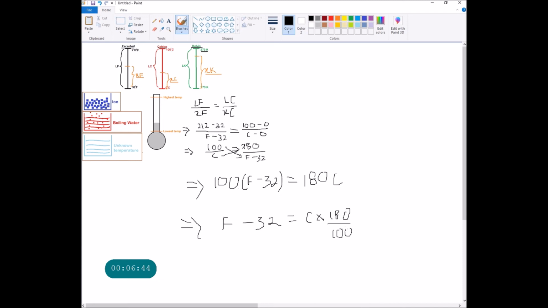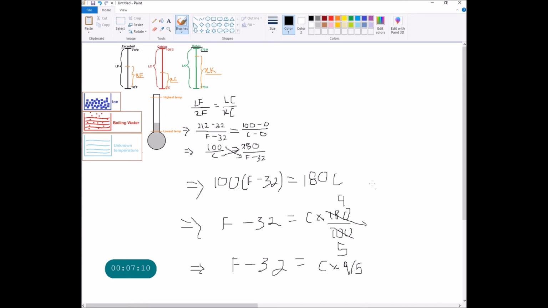When we divide this we get 9 by 5. So we get F minus 32 is equal to C into 9 by 5.